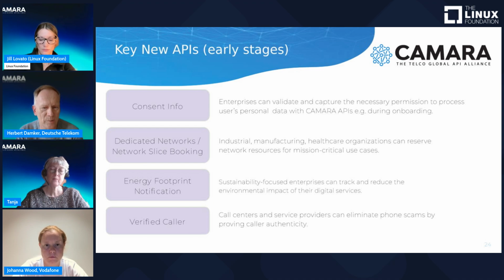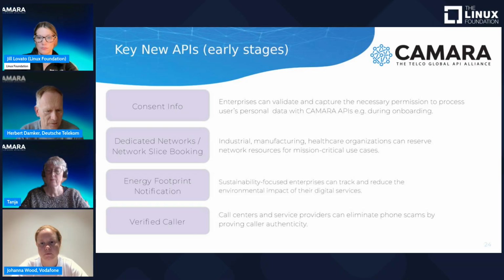That is an API which enterprises and application providers will use to capture the necessary permissions to process users' personal data, not only when they are really calling the API, but they can use this API to get the consent of the user already in advance. For example, when they are onboarding a user to an application.